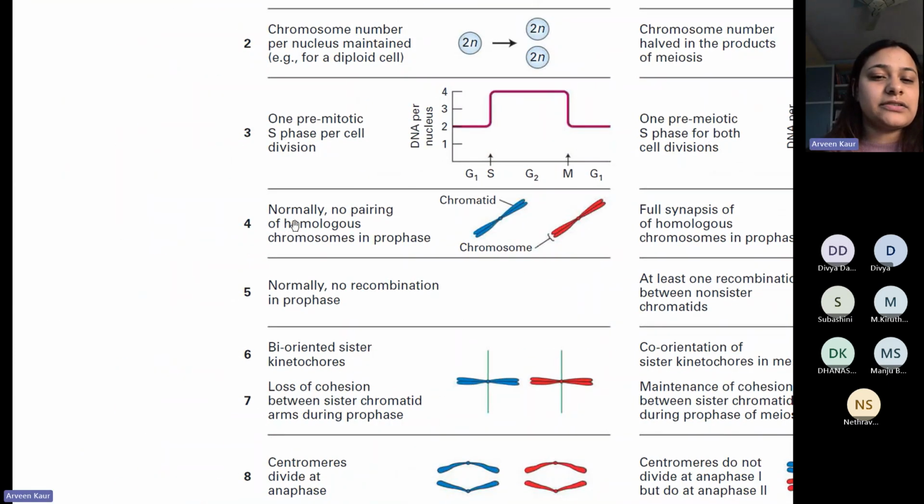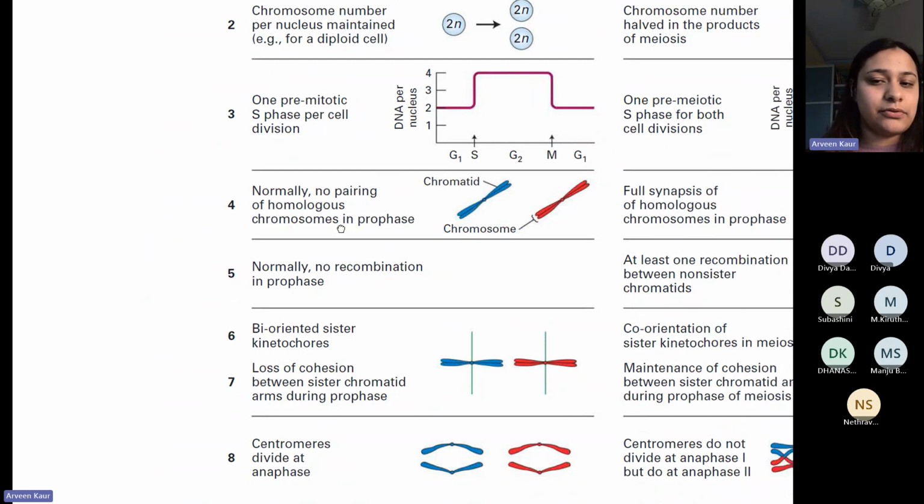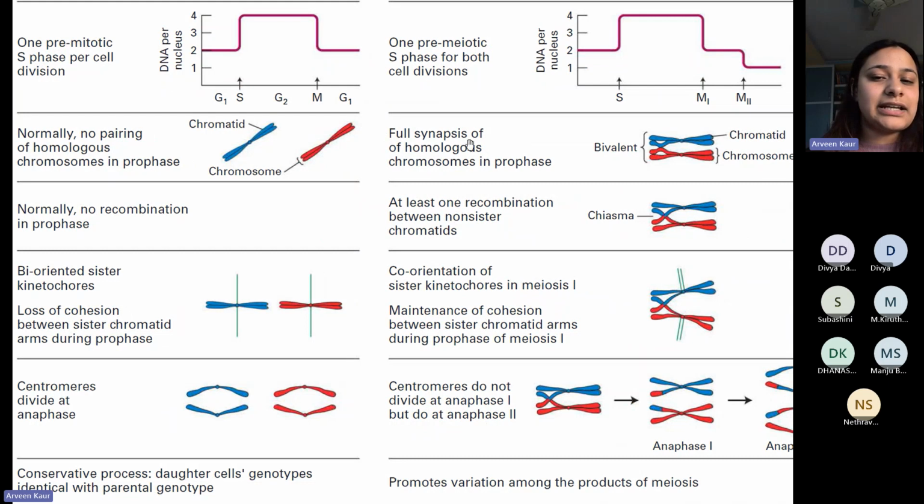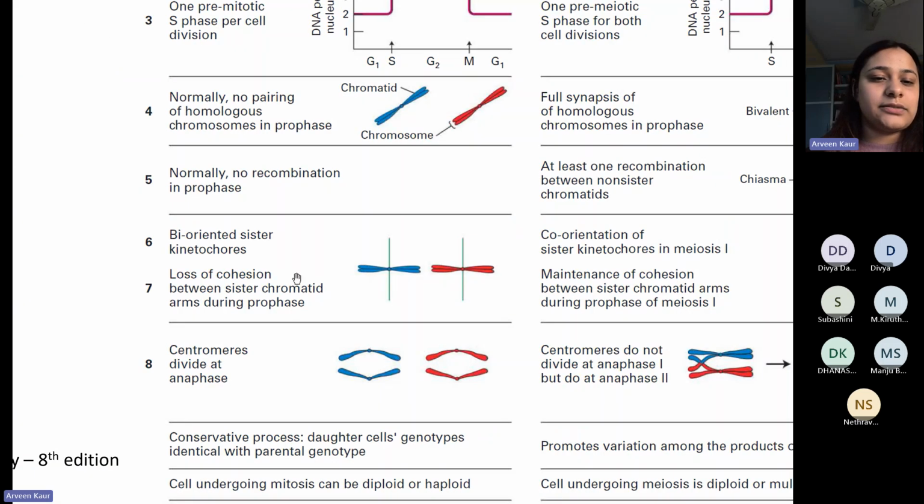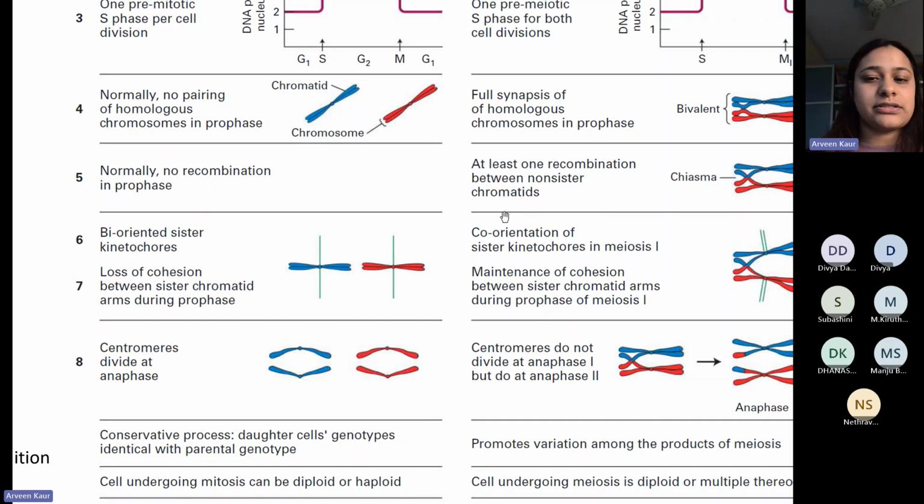Then in a case of mitosis, normally there is no pairing of homologous chromosomes in prophase, but there is a full synapsis of homologous chromosomes in the prophase of meiosis, right? Then there's normally no recombination in prophase in case of mitosis, but at least one recombination between non-sister chromatids occurs in case of meiosis.